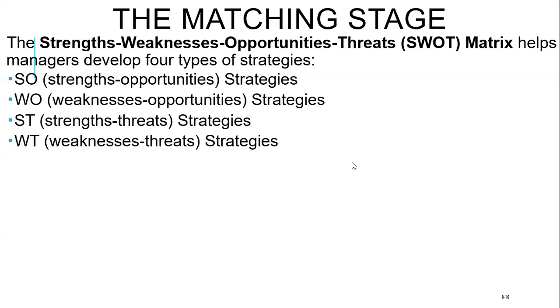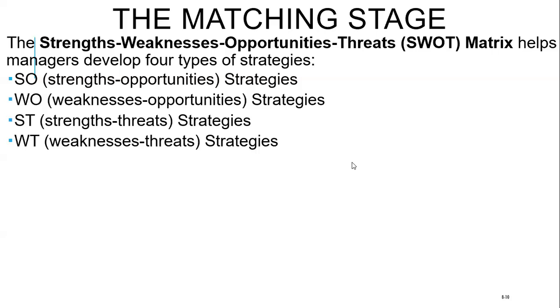In the sense that when a company has a strong brand, the strong brand becomes the strength. It may decide to enter into a new market to increase its market share. And the penetration into the new market is what? An opportunity.